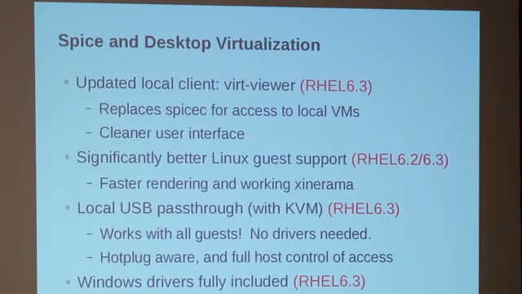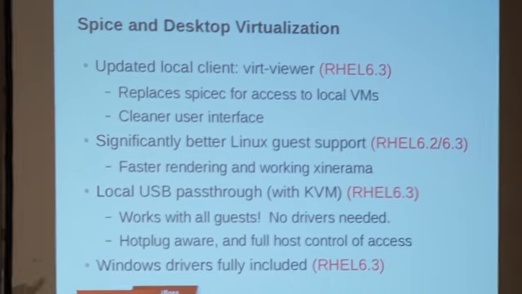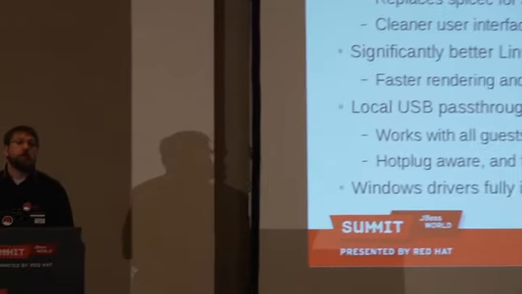Another big thing that landed in 6.3 is local USB pass-through. So if you have a guest and you want either Windows or Linux or whatever guest it happens to be, we now have native USB support that doesn't need a third-party add-on to make it work. So you should just be able to plug in a USB device into the desktop, and if you're using a guest through Virt Manager or a Virt Viewer or something like that, you have access to that.